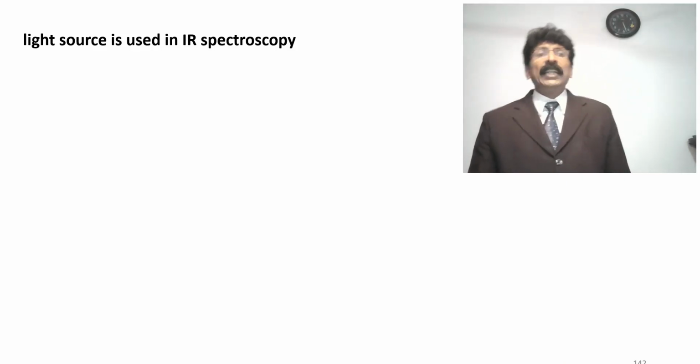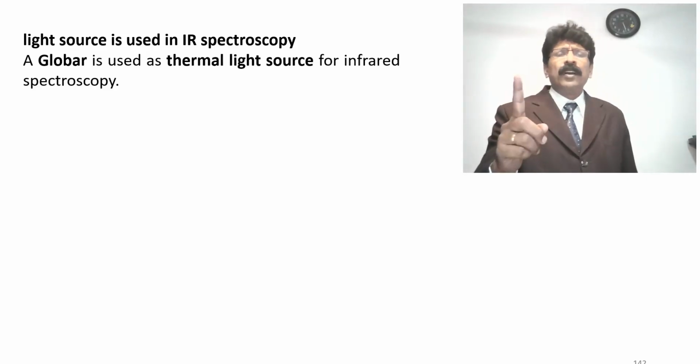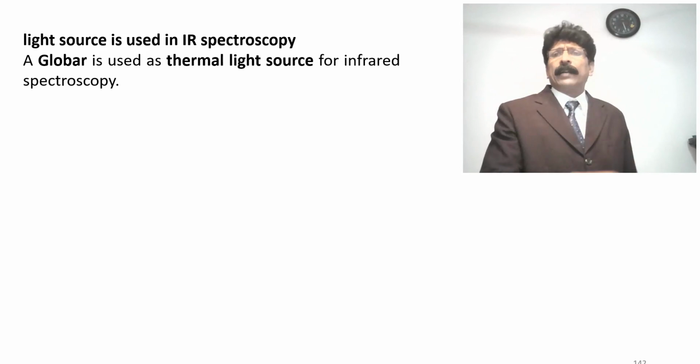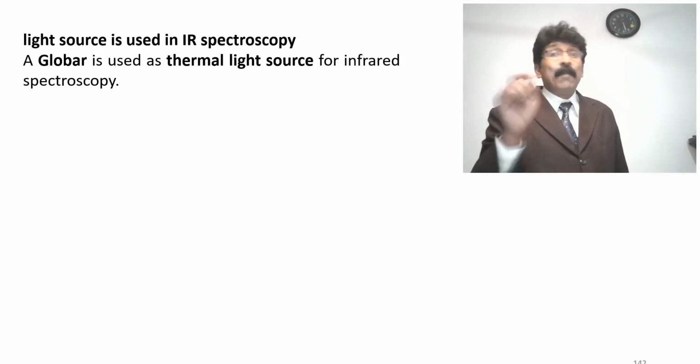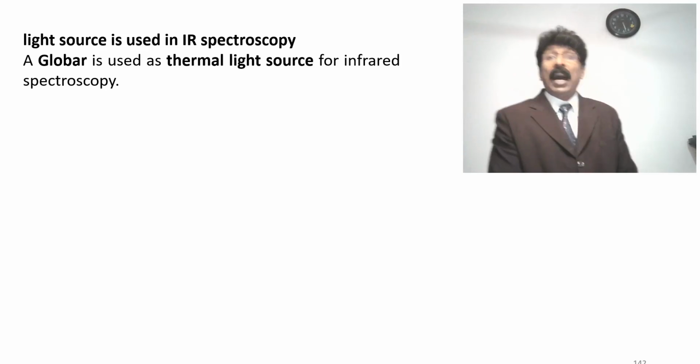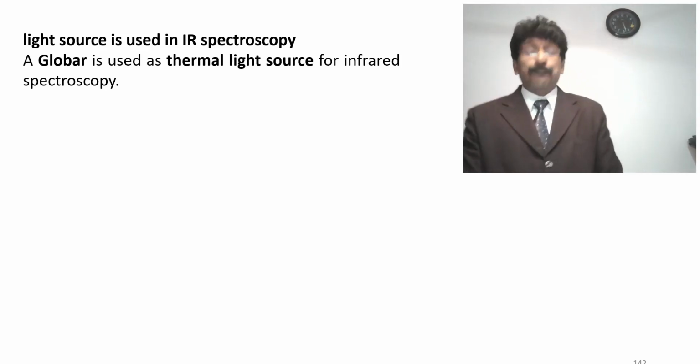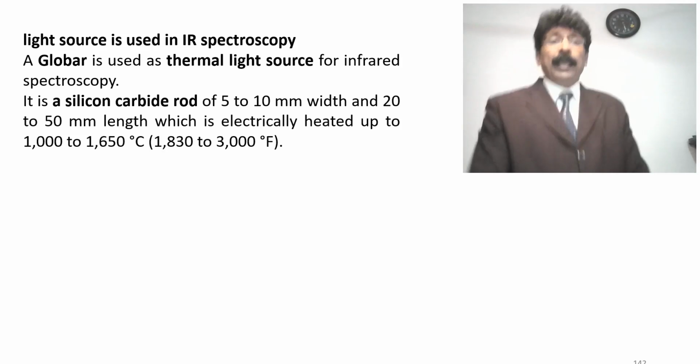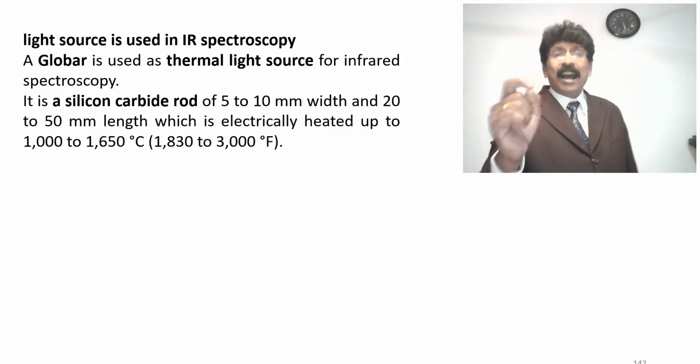The light source used in IR spectroscopy is a glow bar. Again repeating, you should remember, the glow bar is used as a thermal light source for infrared spectroscopy. It is silicon carbide.